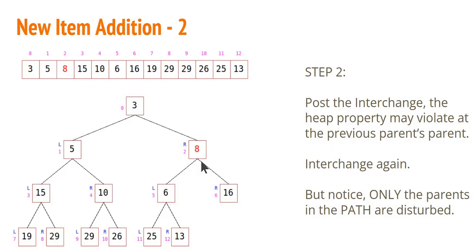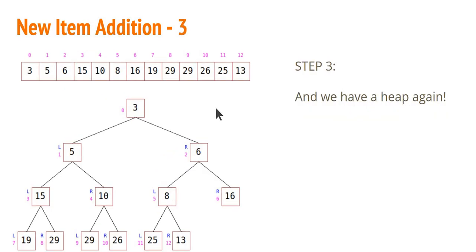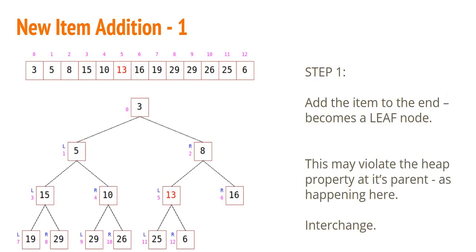Worry not, because all I need to do now is to just make sure that I fix the heap property at this node. That will require me to interchange 6 and 8. So I do one more transformation. Basically, I take 6 to the place of 8, 8 back to the place of 6, just one swap. And bingo, my heap is restored once again. So think about it.